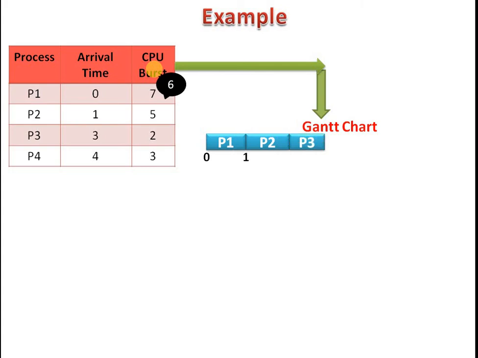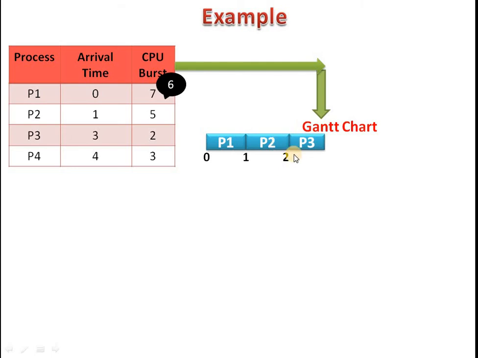After that, as process P2 is getting executed, after 1 millisecond P3 arrives and its CPU burst time is 2. It is again smaller than P2. So P2 will get executed for only 1 millisecond. So 1 plus 1, it's 2.